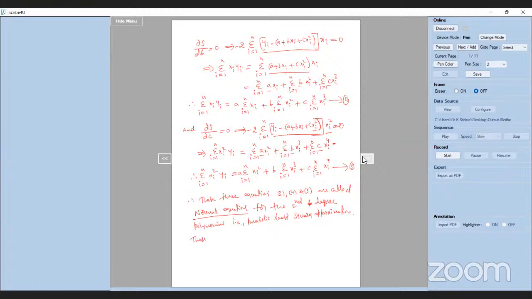Now these 3 equations, 3, 4, and 5, can be solved by finding the required summations using the given tabular values.